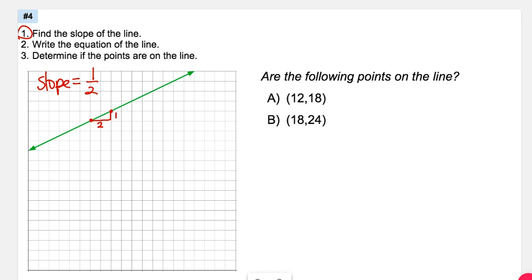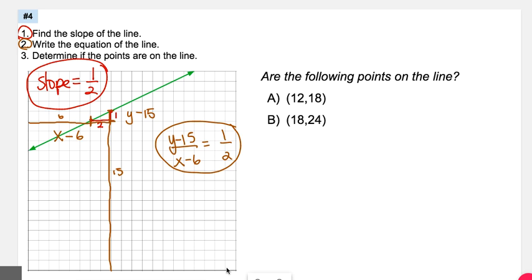All right, now hit pause and see if you can come up with an equation of your line. Okay, now depending on your slope triangle, you may have a different equation than me, and that's okay. We're going to test it out in just a second. But your process, you would have y minus a number and x minus a number.